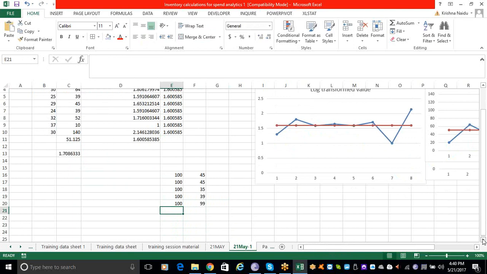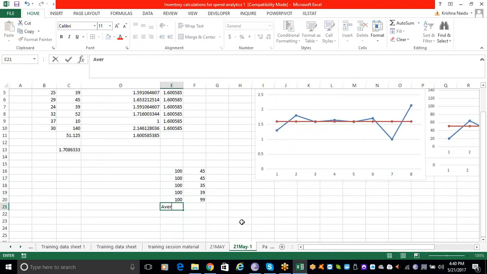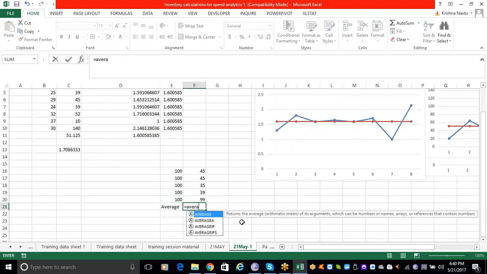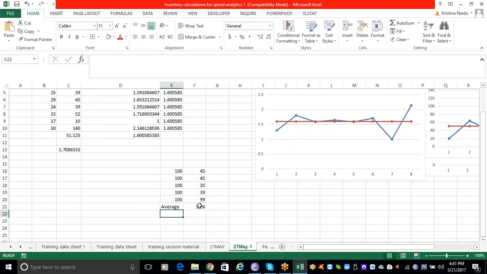So what is the average of the class? What is the average score of the class? It's coming around 52.6. So we are saying the class has performed at an average of 52.6.